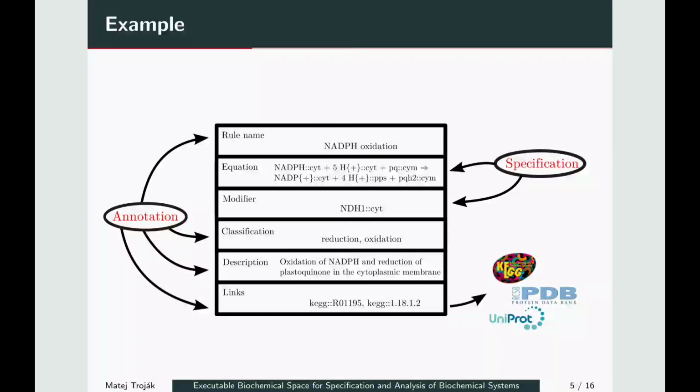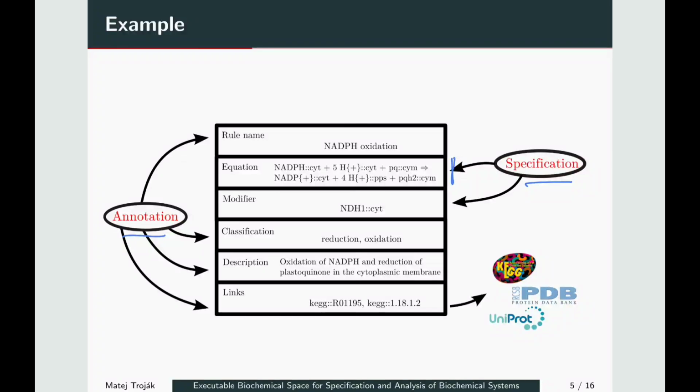Here is example of a record from biochemical space. As we can see, there is specification and annotation part. The specification tells us how exactly some objects are interacting.